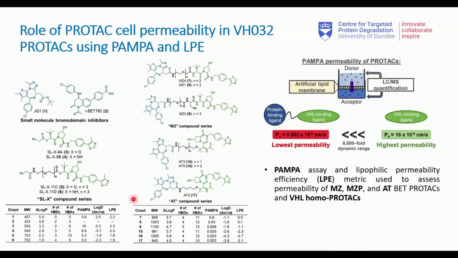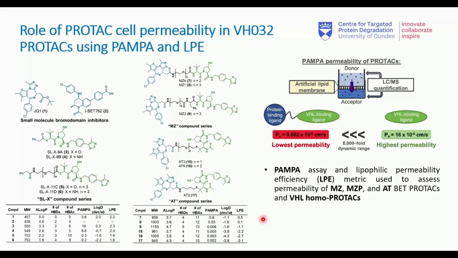A couple of years ago, in collaboration with Tori Klein and Scott Lokey at the University of Santa Cruz in the States, we started to investigate the effects on PROTAC cell permeability on various VHL recruiting PROTACs, which all have this VH032 ligand in common.